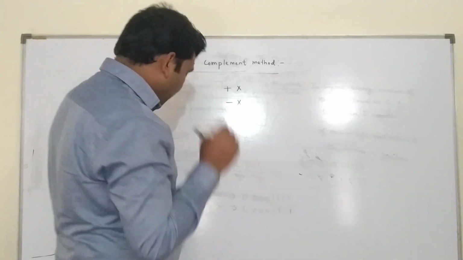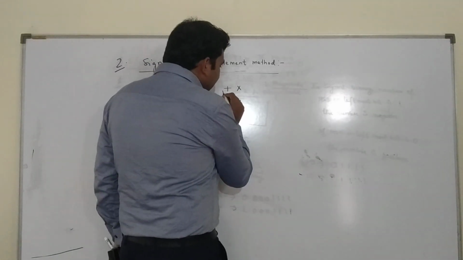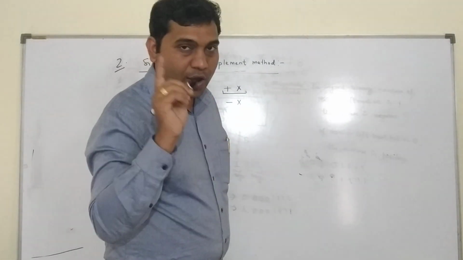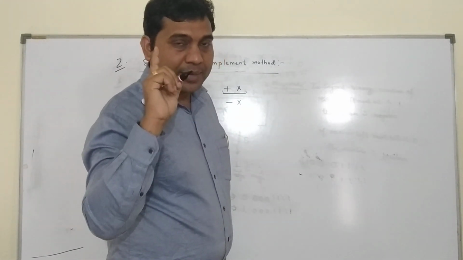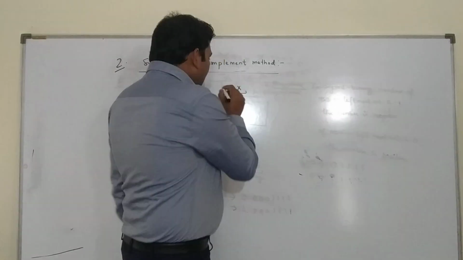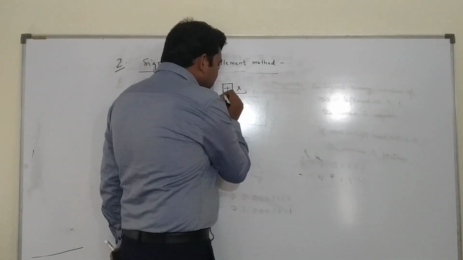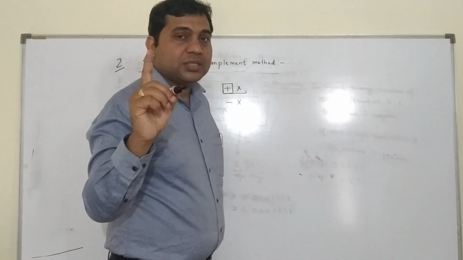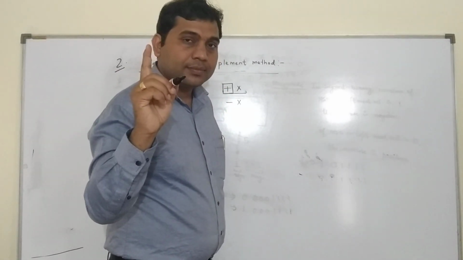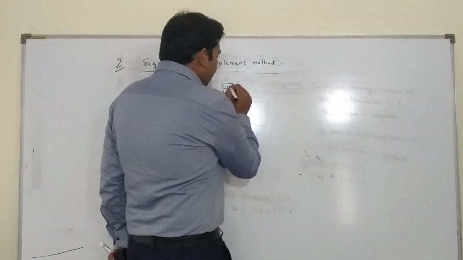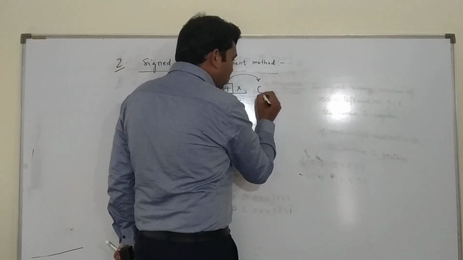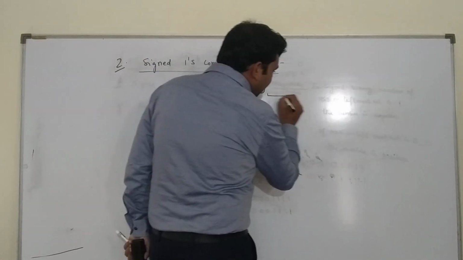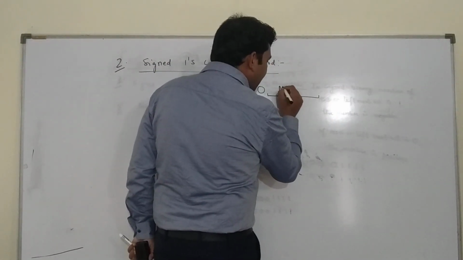If you are writing plus x, now very important, let me tell you one thing. All positive numbers in all three representations will be the same. Meaning plus sign will be represented by 0, and the rest of the bits will be used for magnitude.